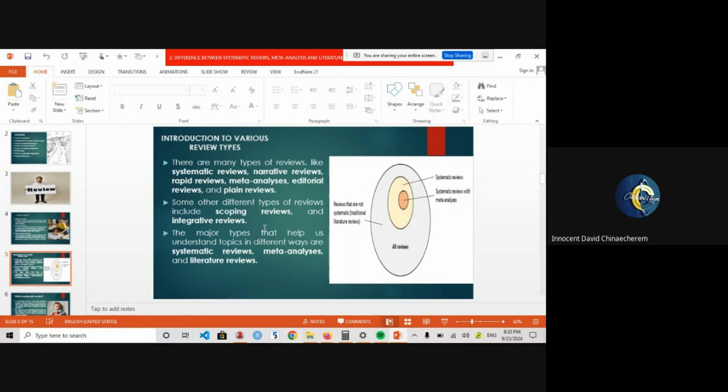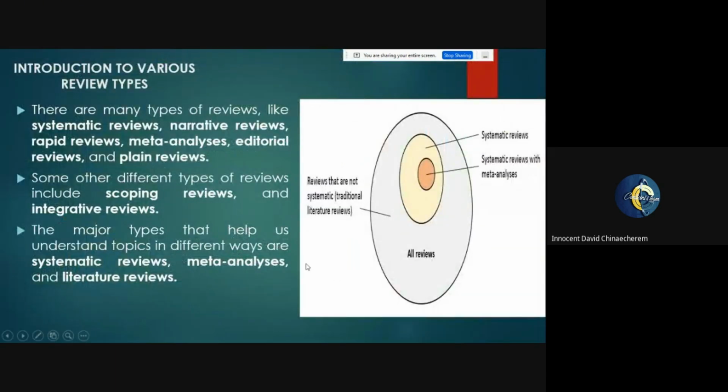Now, the major types of reviews that we are going to focus on for this module are the differences between the systematic literature review, the meta-analysis, and the traditional literature review. Now, think about your research project or your PhD dissertation.